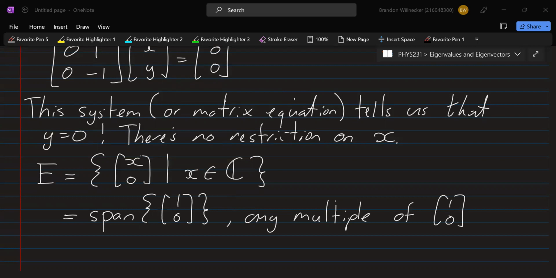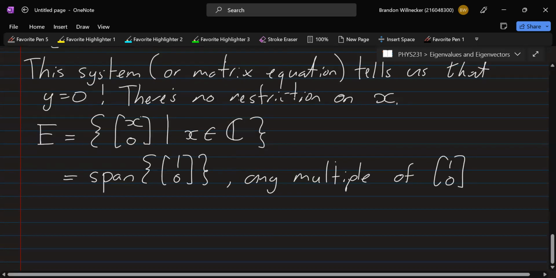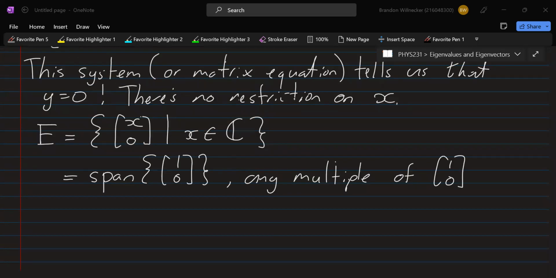Now, if we just want a single eigenvector, we can pick any of those. They'll satisfy the equation. But what we usually like to do in physics is pick a normalized eigenvector. So out of all of these possible eigenvectors here, we pick the one that has norm of 1.